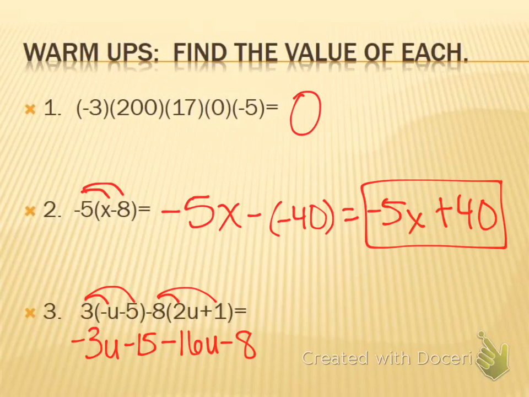We have to be careful with our signs when we distribute. Then we can combine like terms. The u's can be combined. They have the same variable with the same exponent. So that is -19u. -15 minus 8. Those are both constants, so they can be combined. -23.